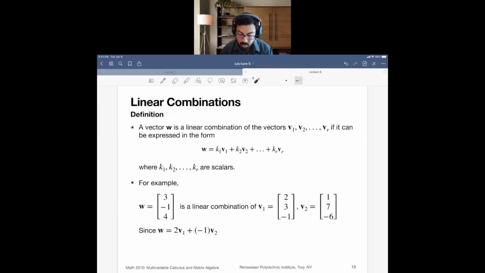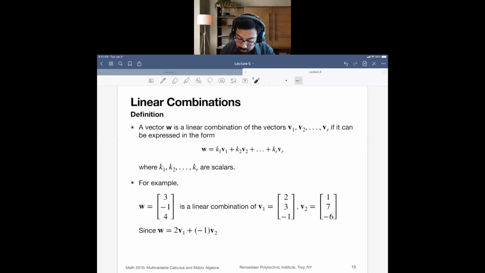So what is a linear combination? The way we have defined this many times earlier: let's say that we have a vector W. A vector W is a linear combination of R vectors if we can express it in this particular form.